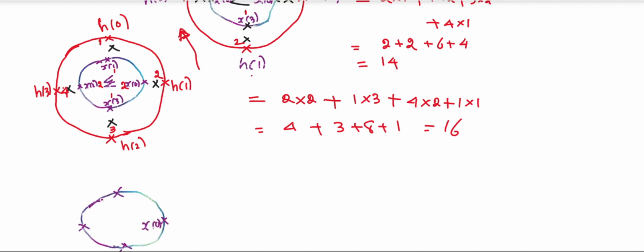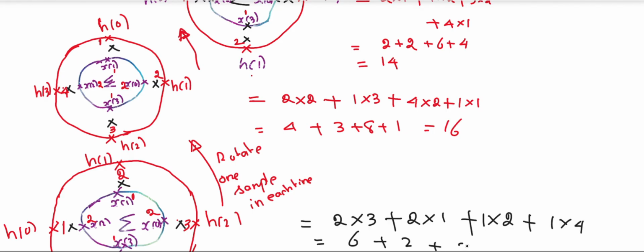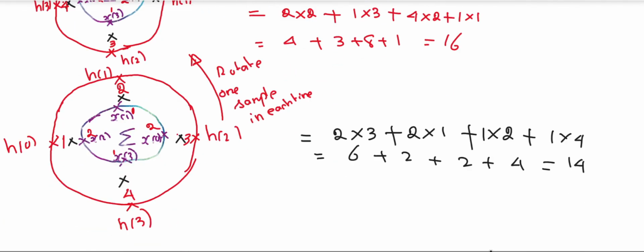No need to change the inner circle, only rotate the outer circle one sample at a time in an anti-clockwise direction. So now the positions of h of 0, h of 1, h of 2, h of 3 will be changed. Represent the h of n sequence values, then multiply and finally sum the products, and you will get 14.